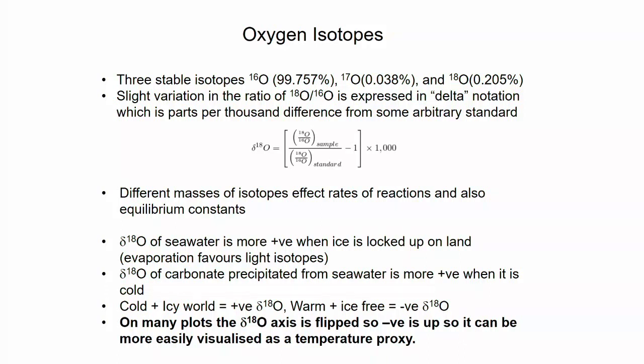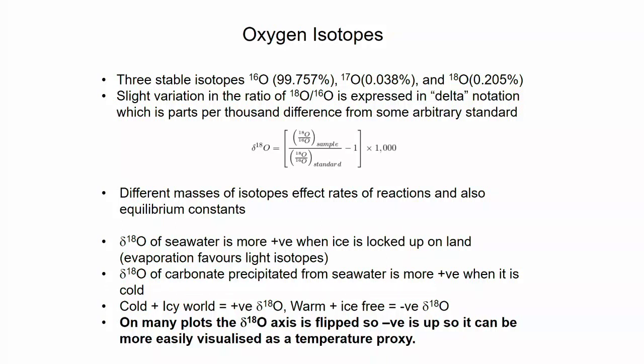So this delta O18 will be more positive, because delta O18 is a way of expressing isotope ratios relative to a standard rather than the absolute ratio, because we can't actually measure the absolute ratio of isotopes very well at all. We can only measure the difference relative to a standard.